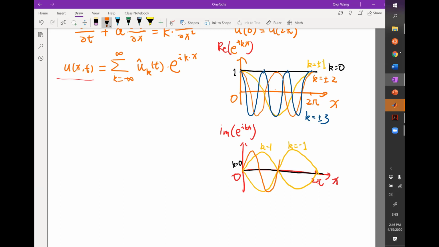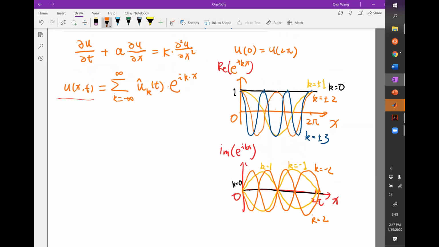When k is equal to positive 2, I have a sine wave like that, and when k is equal to negative 2, I have the sine wave like that. When I go to higher frequencies, I have the pairs going together like that. This is a complex representation of a Fourier series.